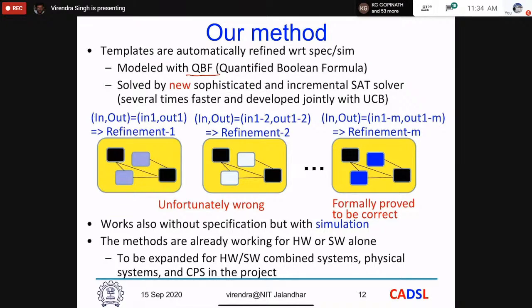It is solved by sophisticated techniques like QBF solvers, or you can use an incremental SAT solver. So I have one template wherein I have an input-output relationship given to me, and I refine this. Once I refine it, I again go for formal methods to see whether it satisfies all other inputs or not.